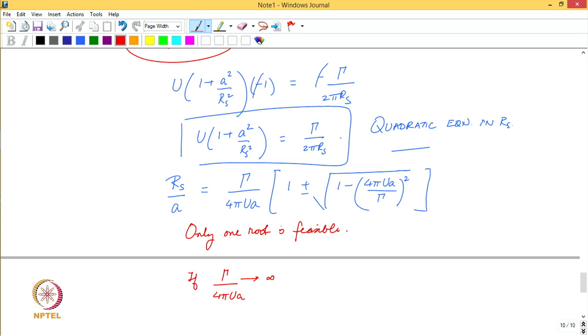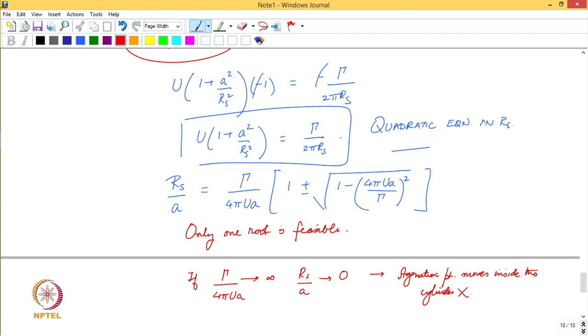In this case, the value of Rs by a would actually approach 0, which indicates that the stagnation point moves inside the cylinder, which is not possible. Right, which is not physically possible.